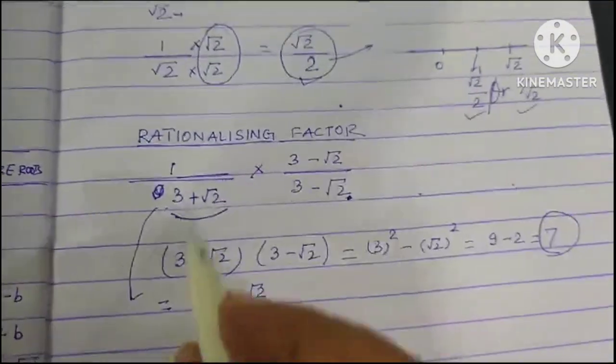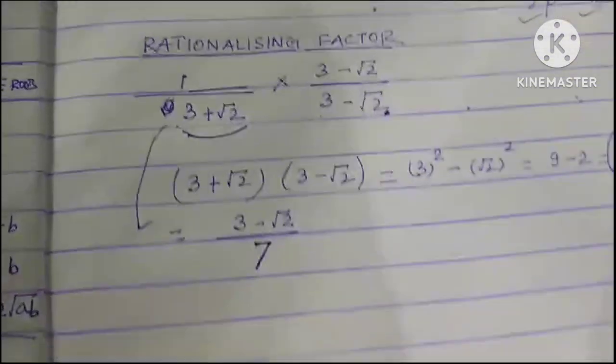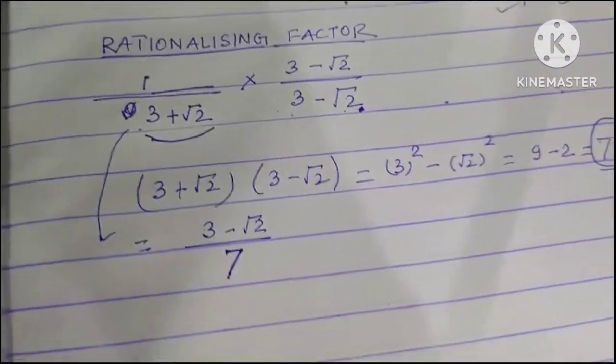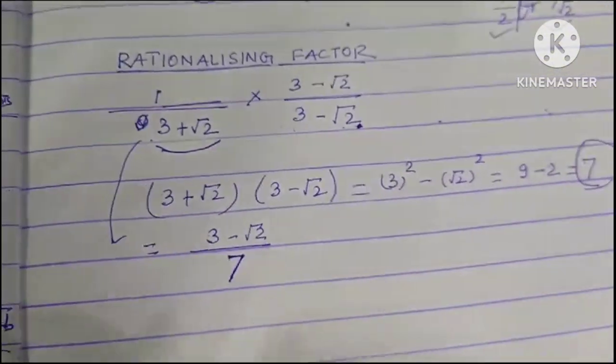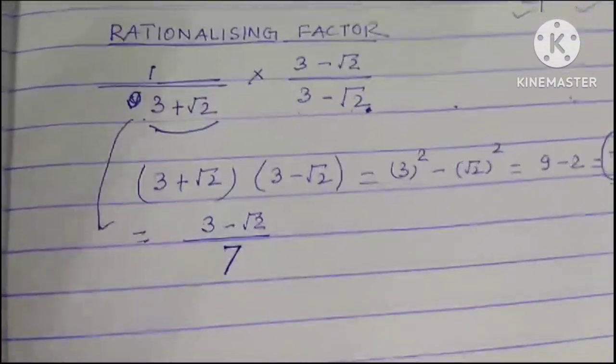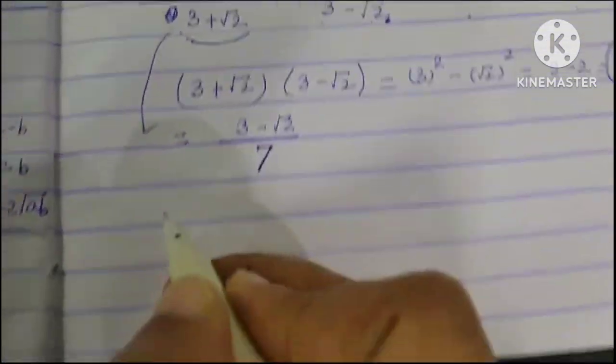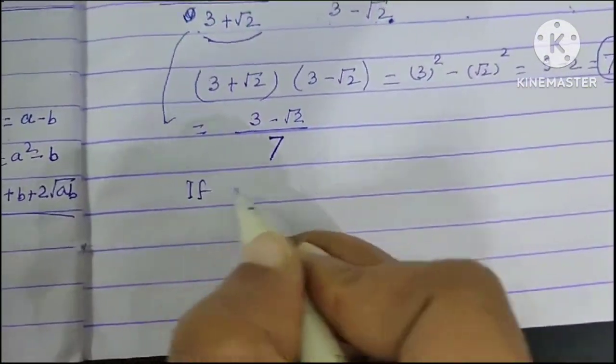Okay, so what is the rationalizing factor? If the product of two irrational numbers becomes a rational number, then those numbers are called the rationalizing factors. Each one will be called the rationalizing factor. So how will we write it?